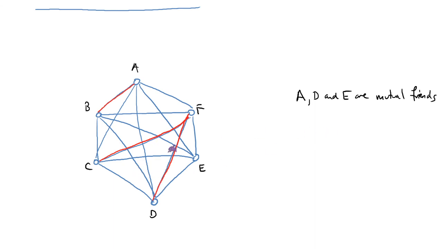Do you also notice that there is no triangle where there are 3 mutual enemies? There's no red triangle. There are actually lots of blue triangles. Do you see that D, B, and E are 3 mutual friends? You have A, C, and D as mutual friends.